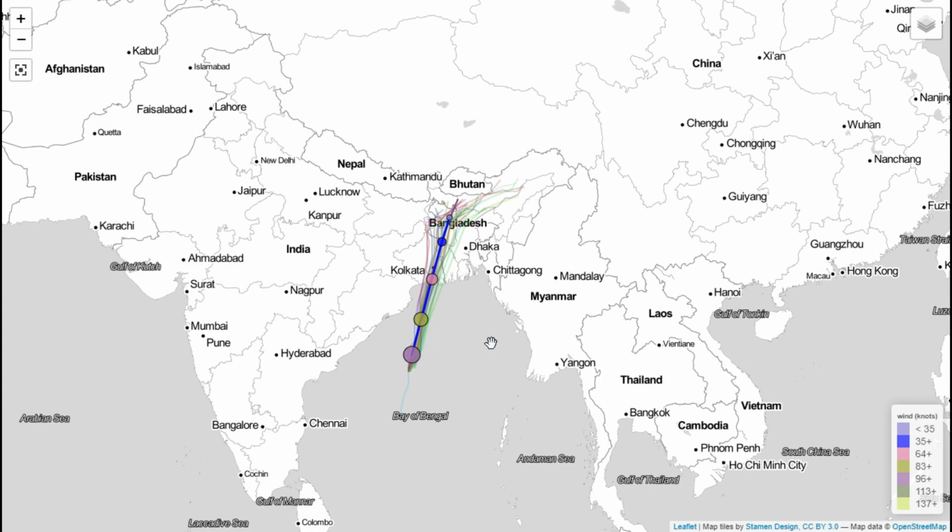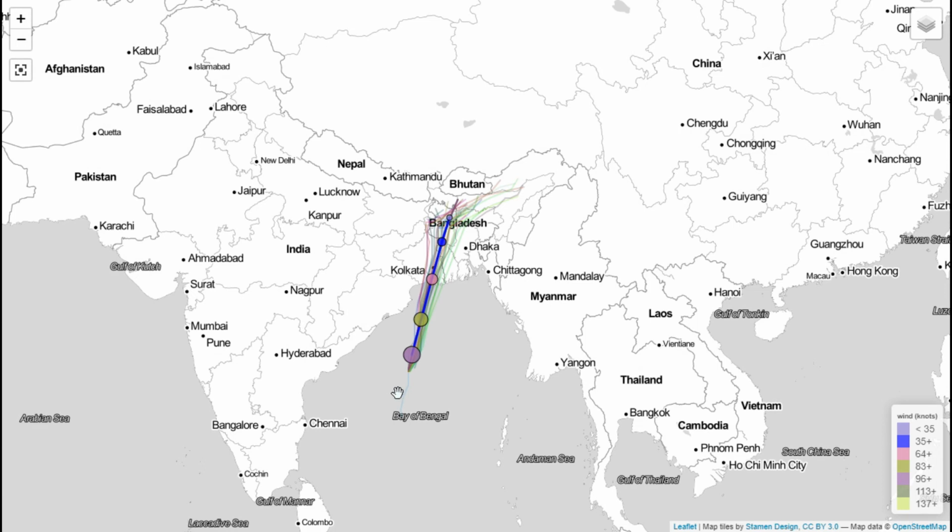As you know, oceans and seas basically give birth to tornadoes, typhoons, hurricanes and cyclones. And this particular cyclone, Amphan, is right now hovering over the Bay of Bengal, and it is slowly moving towards the Indian mainland.